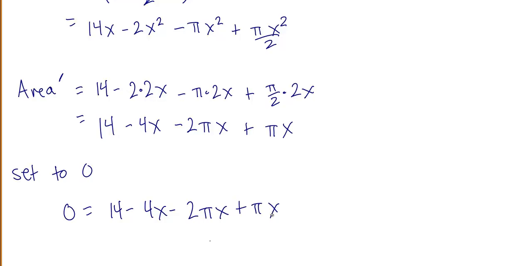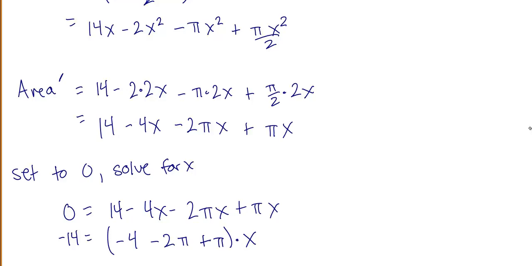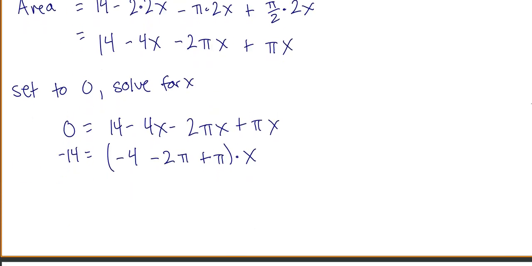We're trying to solve for x. So I'm going to move 14, so negative 14, and I'm going to factor out the x. So we're going to have a minus 4 minus 2 pi plus pi times x. And instead of negative 2 pi plus pi, let's just change that to negative pi.